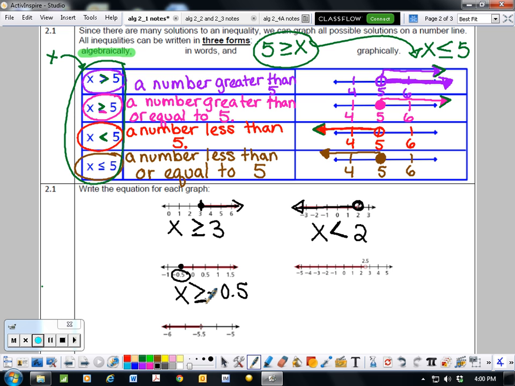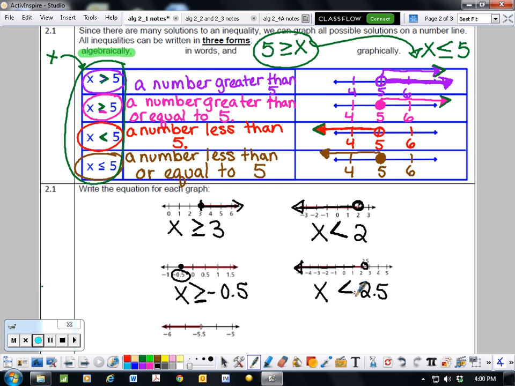Okay, next one. Our number, it's not actually on the number line, so they wrote it above so you know exactly what the value is, 2.5. The arrow is going to the left, or lower numbers. We have our x. And then we have an open dot, so it does not include 2.5, so there is no line underneath.